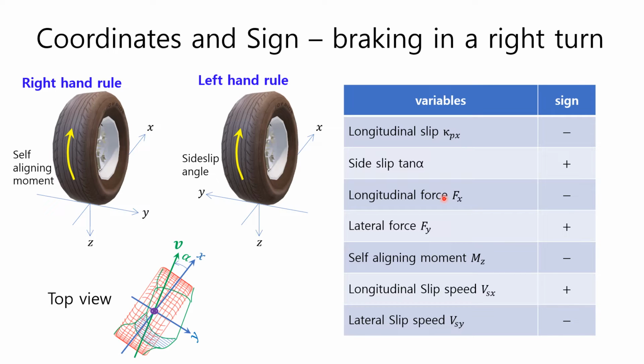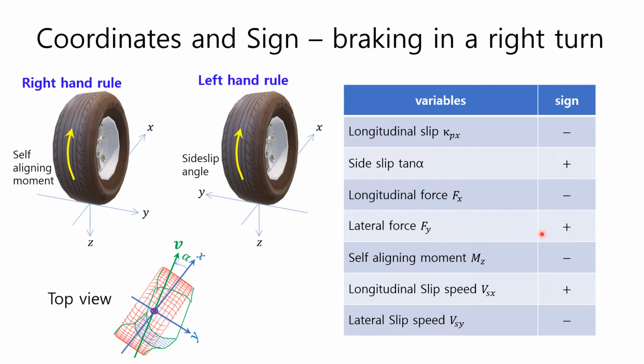Side slip tangent alpha has plus sign because steering angle has minus sign for a right turn depending on left-hand rule. Longitudinal force Fx has minus sign for braking. Lateral force Fy has plus sign for right turn.